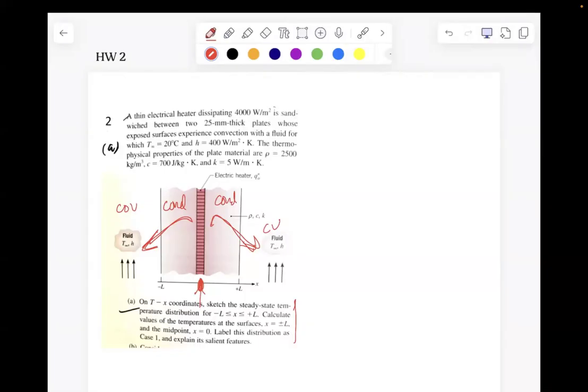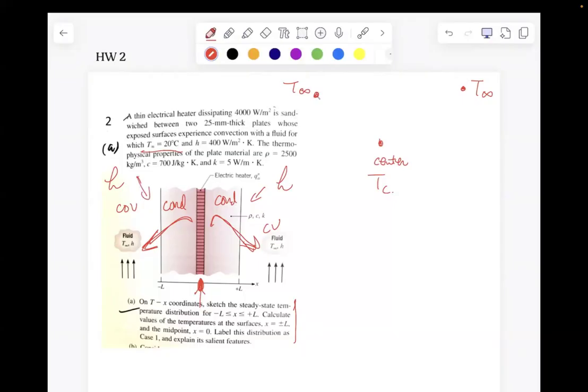So the thermal circuit will look like this: the center, or the heating unit, so that will be T center. And then you go to the left side, which has T infinity. The right side is also T infinity, because both sides have the same air temperature, and the convection coefficients on both sides are the same too. So the h and the h are also the same.